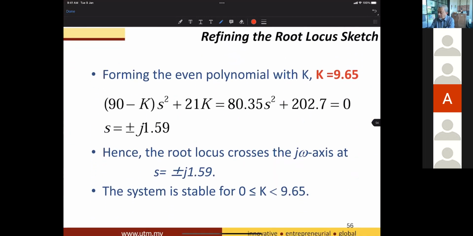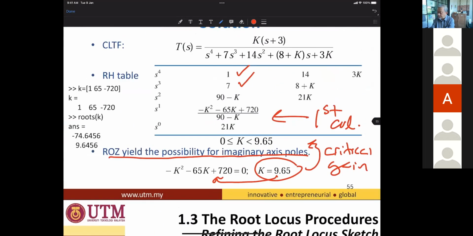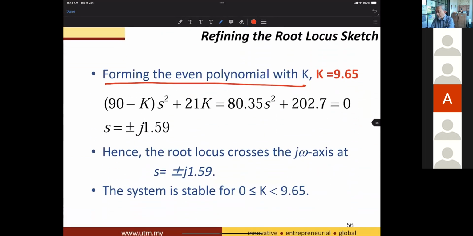So form the even polynomial from the Routh table, which is here: 90 minus K s squared plus 21K equal to 80.35 s squared plus 202.7. You insert this value inside the even polynomial equation, then you find the roots, which are plus minus j1.59.